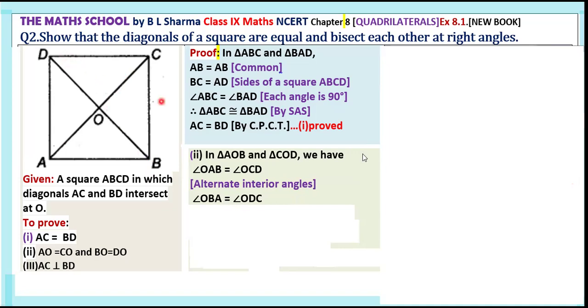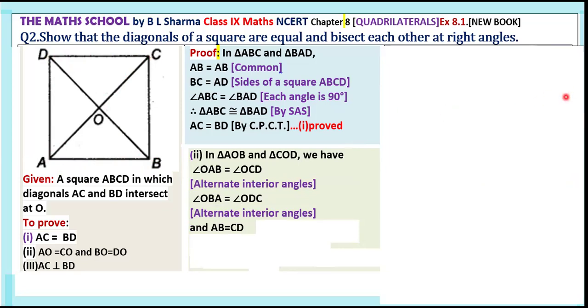The two are also alternate interior angles, and AB is equal to CD. This AB is equal to this CD. Opposite sides of a square are equal. All sides of a square are equal, so opposite sides are also equal.